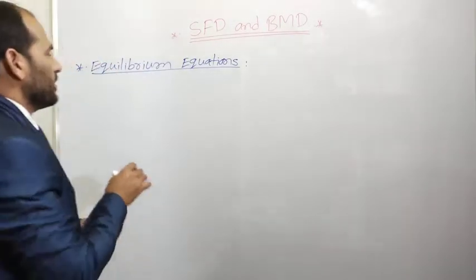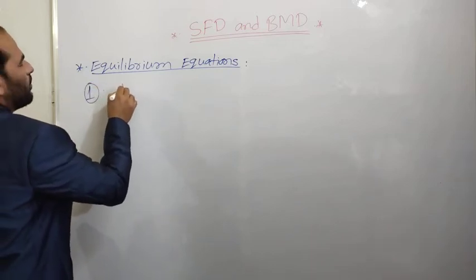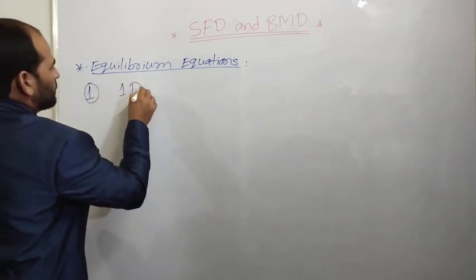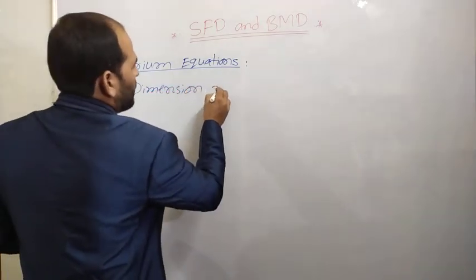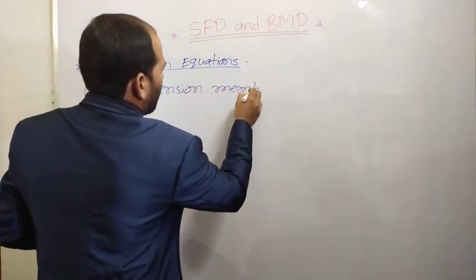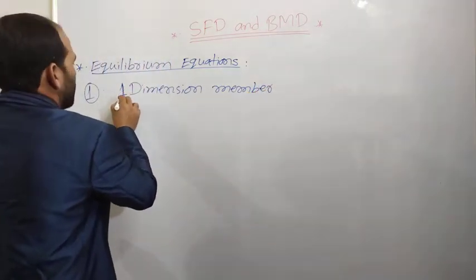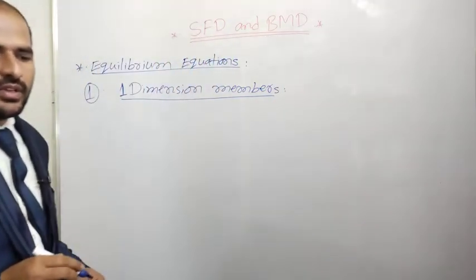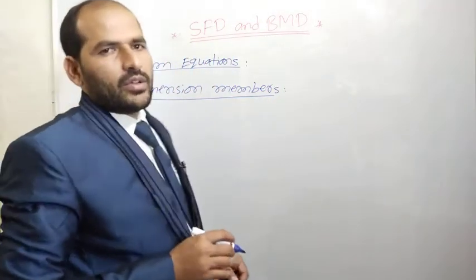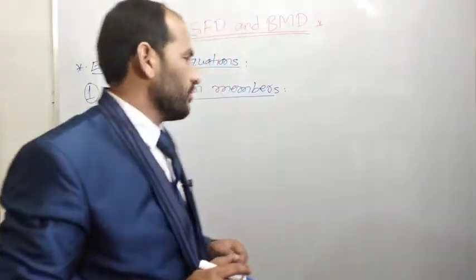The first one is the one-dimensional member. What is the equilibrium equation of a one-dimensional member?